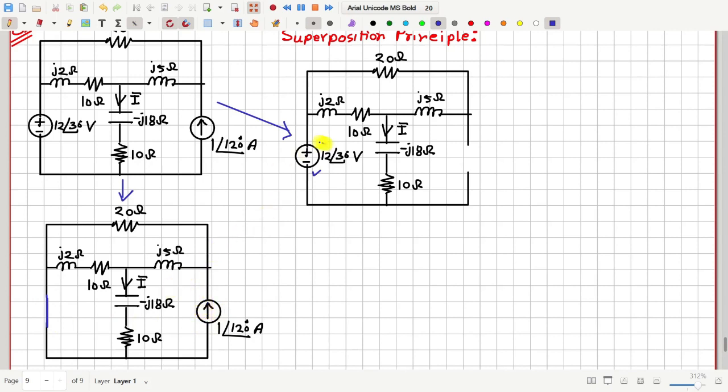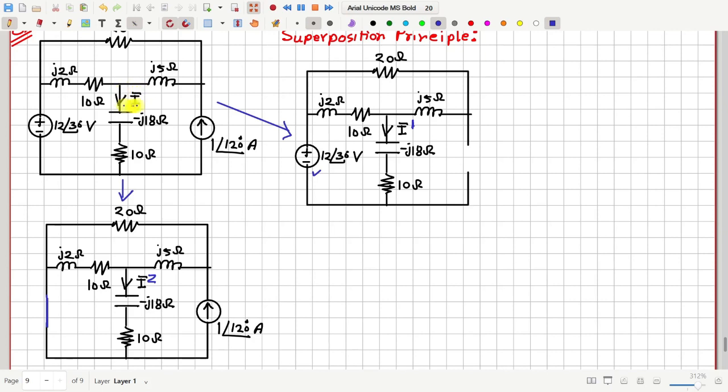So we shall consider the voltage source and the current source separately. Each source is used exactly once. The voltage source is used here, the current source is used here. Now, suppose the value of this current through the capacitor due to the voltage source alone is I superscript 1, and the value of this current here through the capacitor due to the current source is I superscript 2.